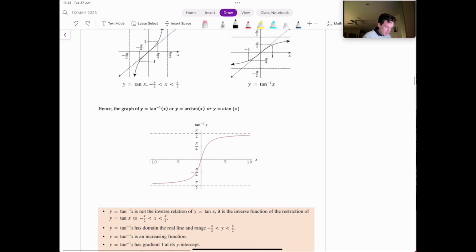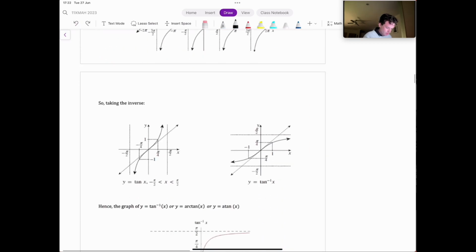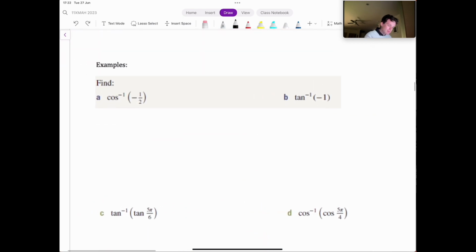I might write 60 degrees here, and then I'm just going to manually make that 60 on 180, which is pi on 3. Now we also should know, and something I have not paid attention to, is that there's a minus here. So yes, cos inverse of a half is 60 degrees.